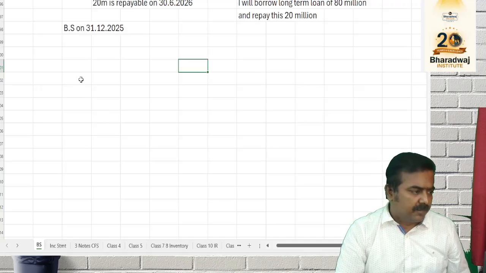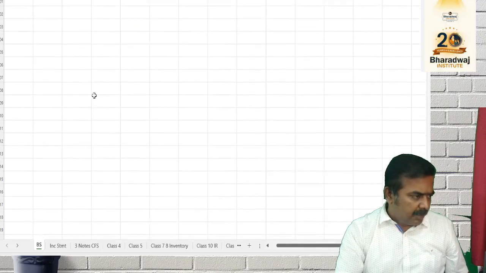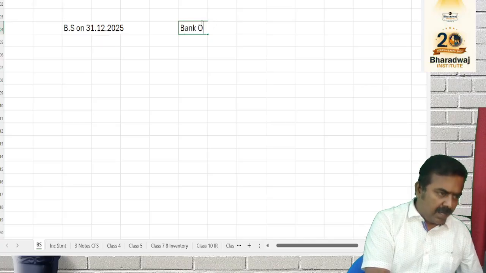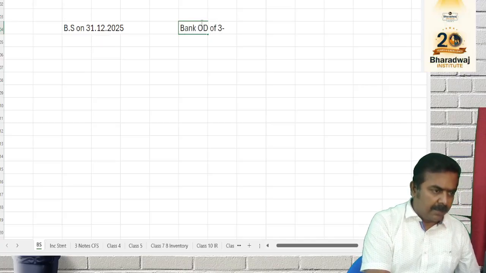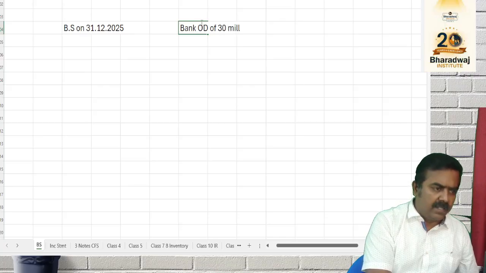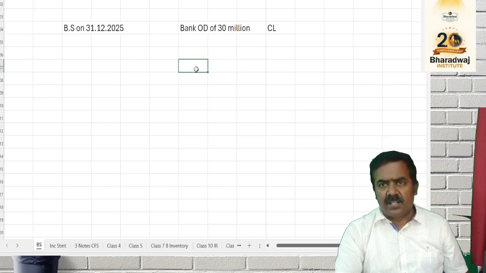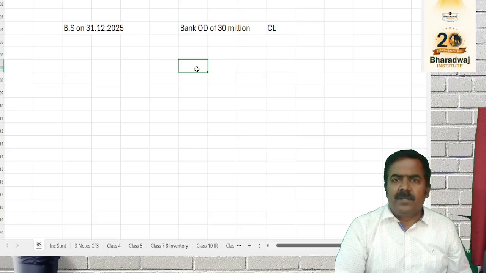Let's assume we are preparing the balance sheet on 31/12/2025. That day we have a bank OD of 30 million. How will this be called in general? Current liability, normally payable in 3 months, 6 months.